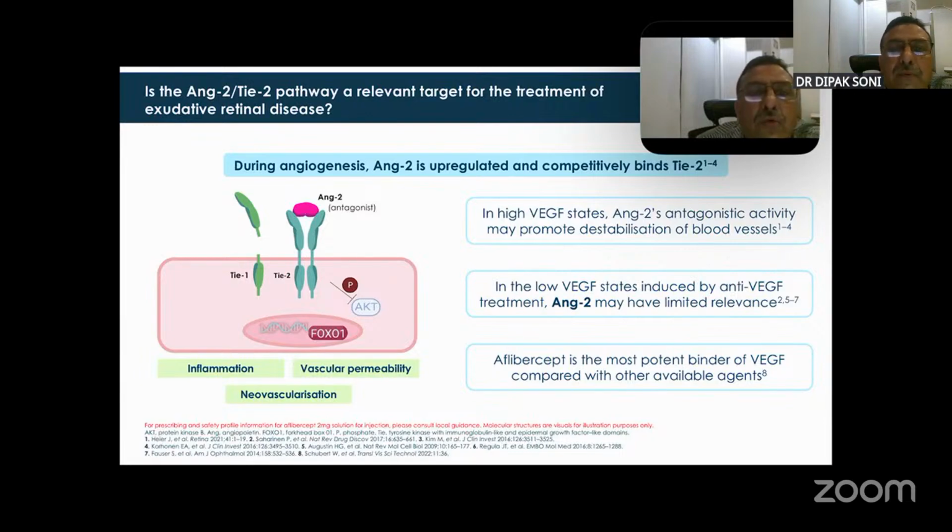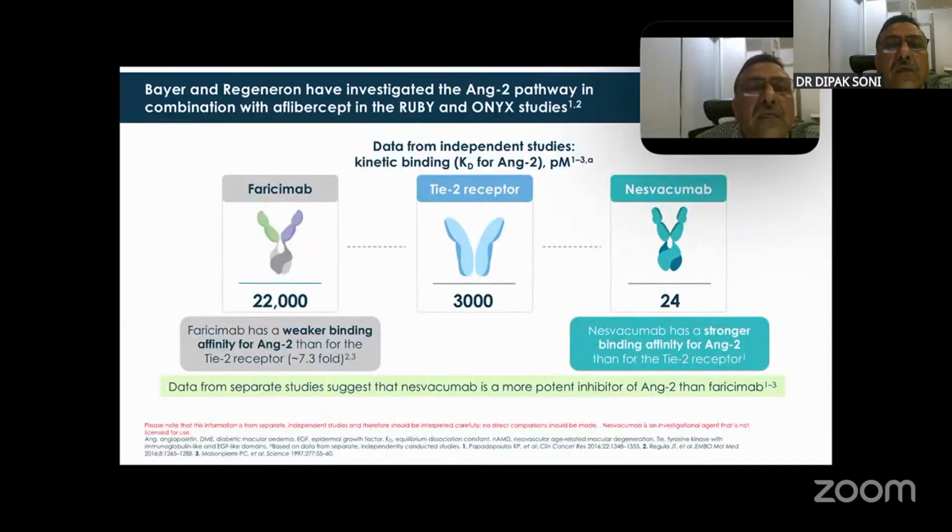There are two different studies. Bayer and Regeneron have investigated angiopoietin 2 pathways in combination with aflibercept in the RUBY and ONYX studies. In the RUBY and ONYX studies, targeting both the angiopoietin 2 and VEGF pathways did not provide additional improvement in vision.